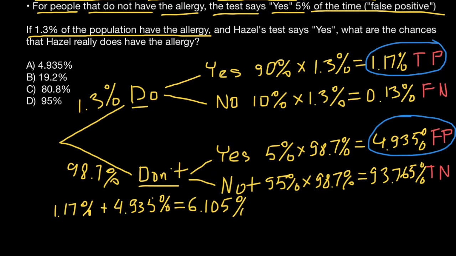And this is also a percent of the population who are going to test positive. But 1.17% of them are going to be true positive, and 4.935% is going to be false positive.